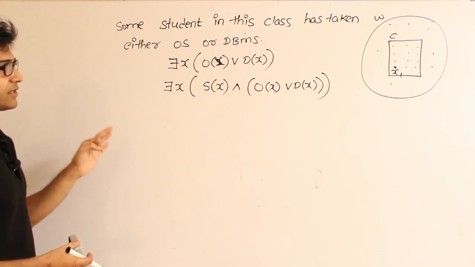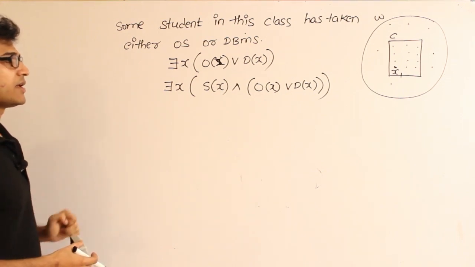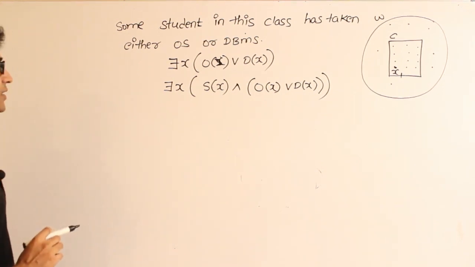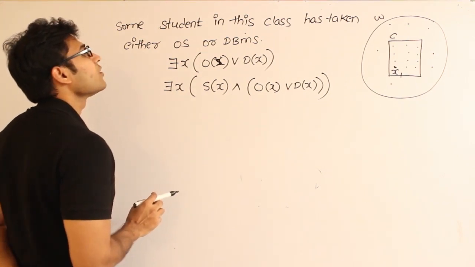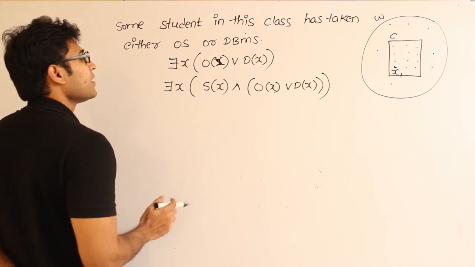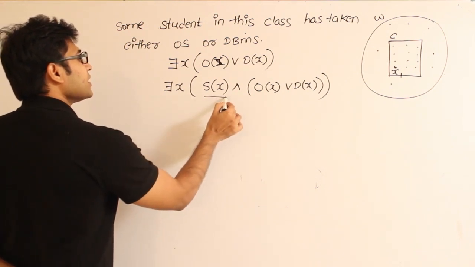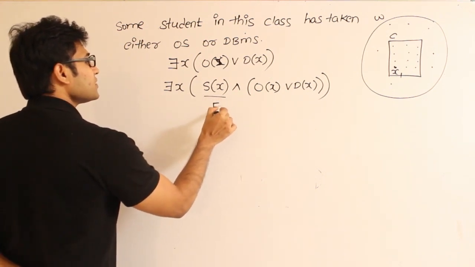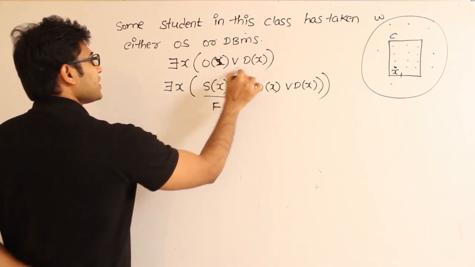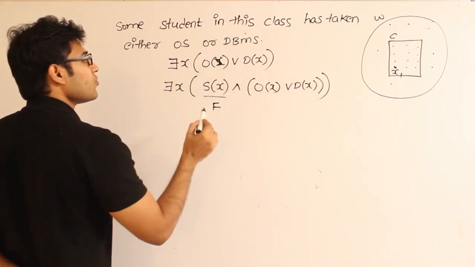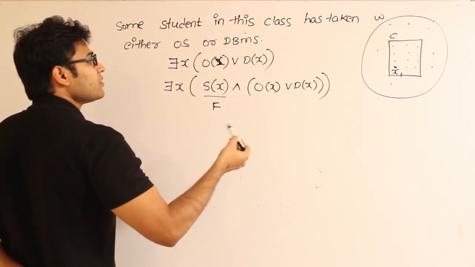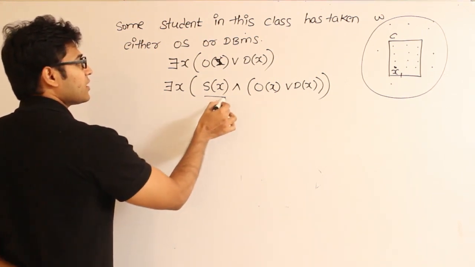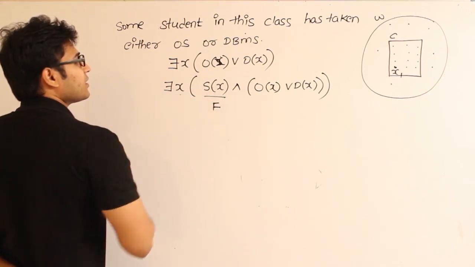Now let's see what happens to the people who are outside the classroom. If they are outside the classroom, then this one will return false, and so this entire thing will become false. Therefore for all the people outside the classroom, we keep on getting false and they never can affect there exists.